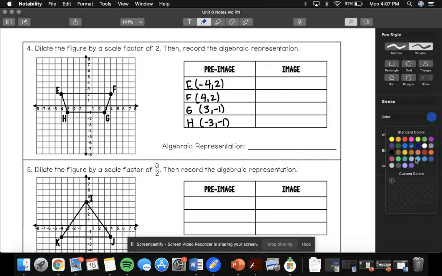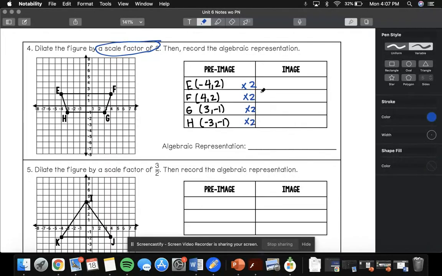Okay, so this is probably the easiest transformation if you get the hang of it. All we have to do is multiply by our scale factor, which is 2. Just making sure that we multiply everything by 2. So E prime will become (-8, 4).